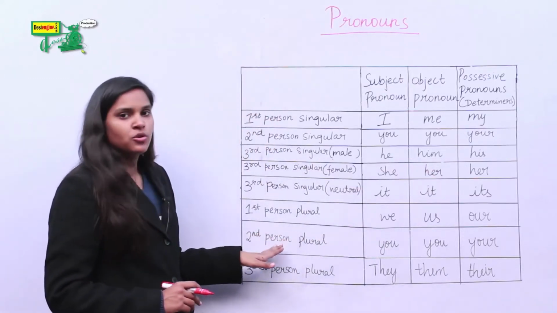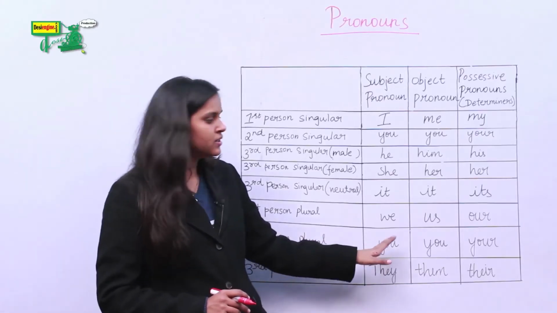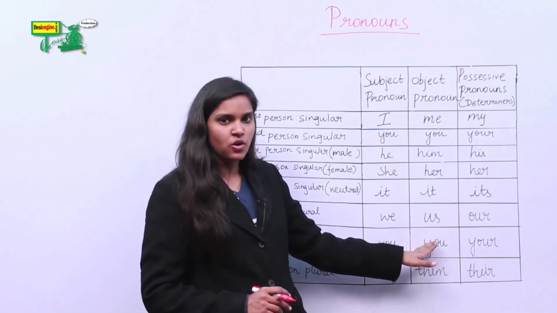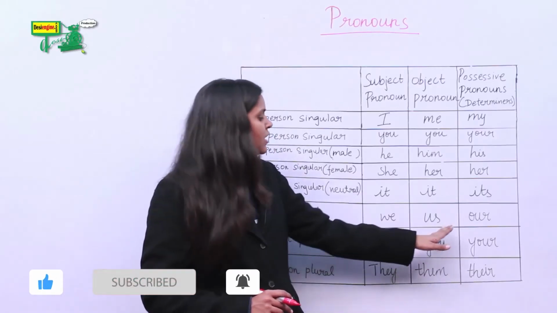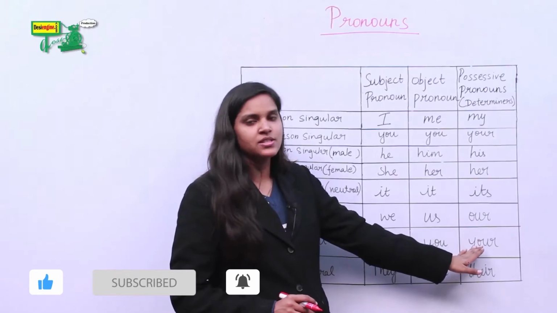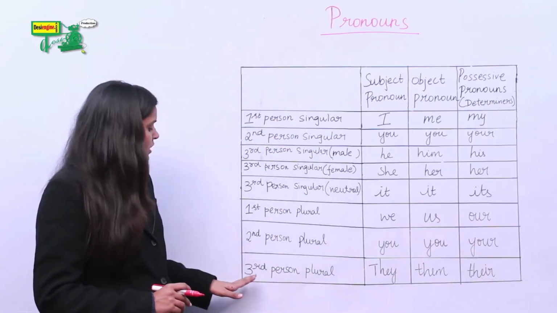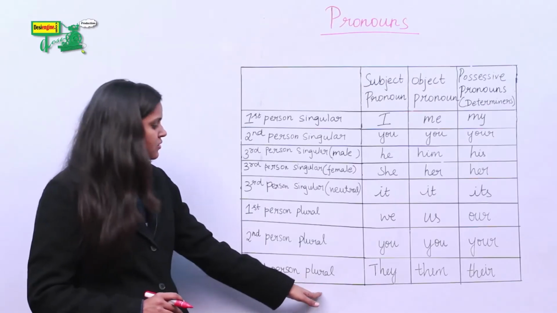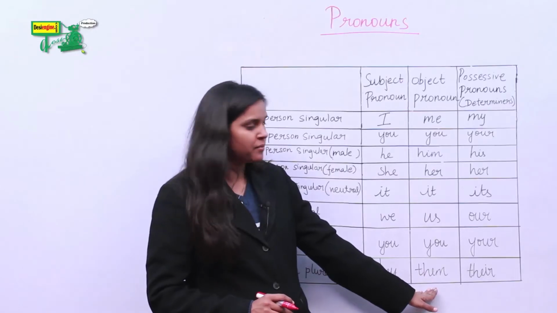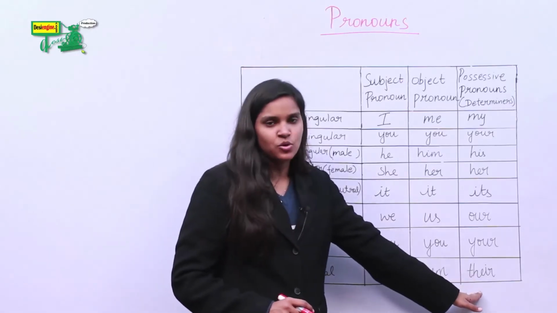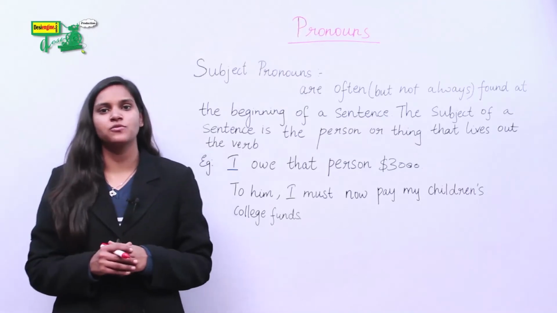The subject pronoun of second person plural is you, object pronoun is you and possessive pronoun is your. And the subject pronoun of third person plural is they, the object pronoun is them and the possessive pronoun is their.